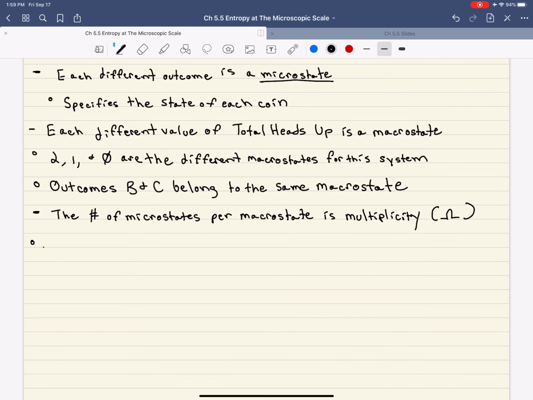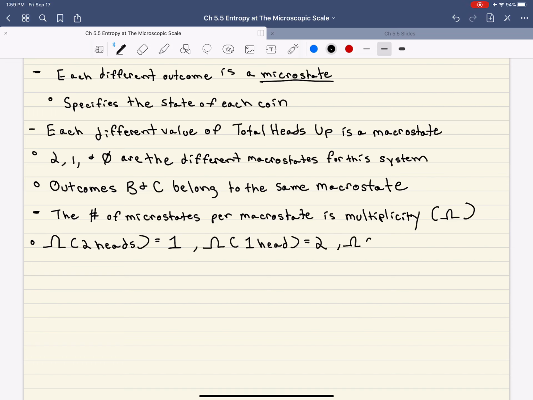If we talked about the multiplicity of the macrostate where we had 2 heads face up, the multiplicity of that macrostate would be 1. If we talked about the multiplicity of the macrostate in which we only had 1 head face up, that multiplicity would be 2, right? Because both outcomes B and C had just 1 coin face up.